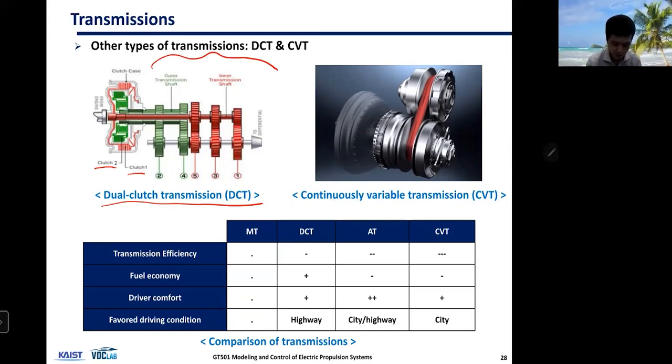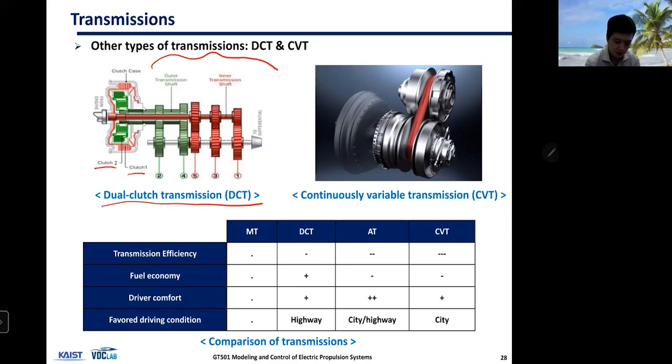So in the old days, there was this transmission called automated manual transmission. What that means is it's manual transmission, but the clutch action is replaced by a computer.